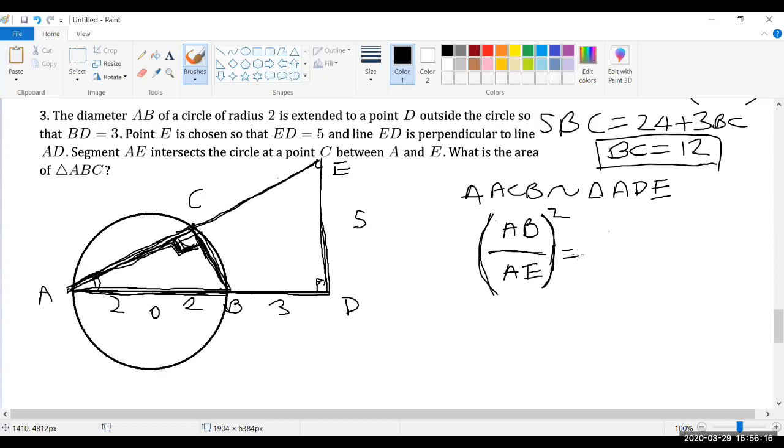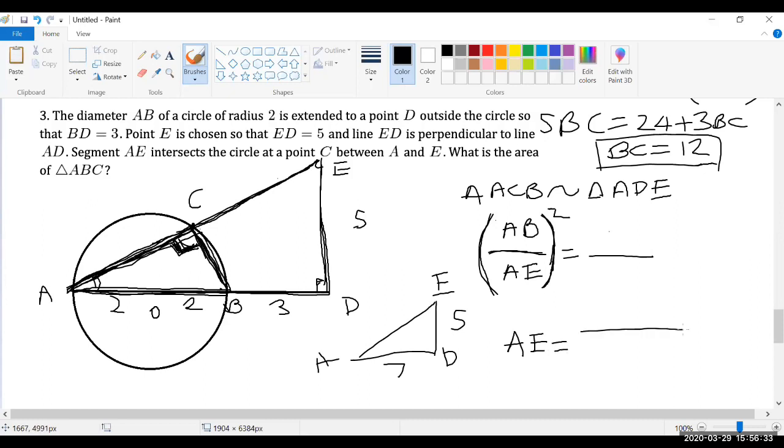So we know what AE is by using Pythagorean theorem. On this triangle, ADE, this is 5. This is 7. AE is the square root of 5 squared plus 7 squared, which is the square root of 74.